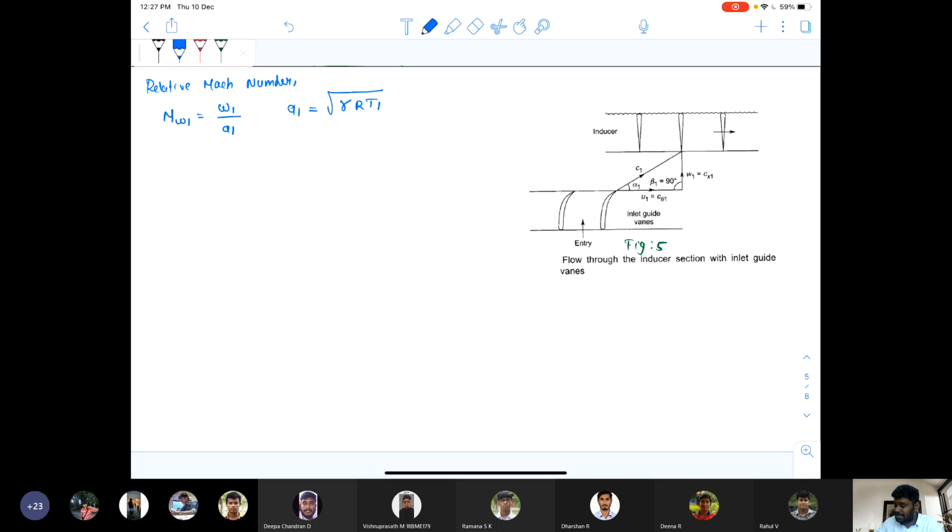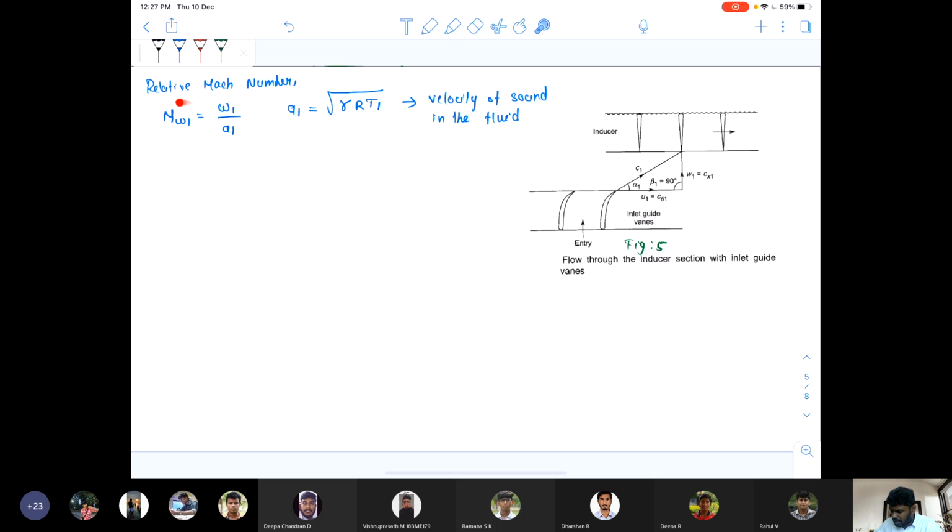This is the velocity of sound in the fluid. W1 is the relative velocity of the fluid, where A is the velocity of sound in the corresponding fluid, given by root of gamma r T1.